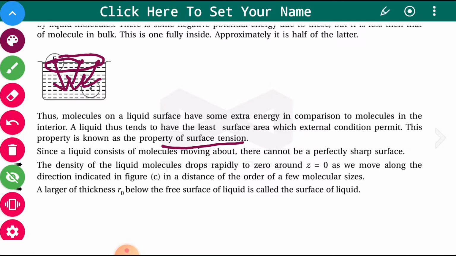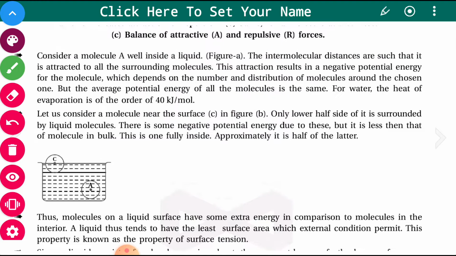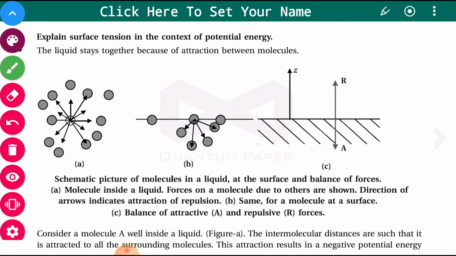Since the liquid consists of molecules moving about, there cannot be a perfectly sharp surface. The density of liquid molecules drops rapidly to 0 around z equal to 0, that is at the top of the surface. The energy is almost becoming 0 here.